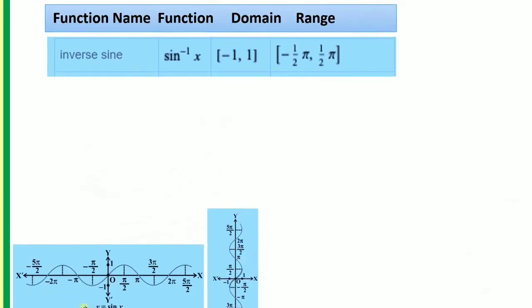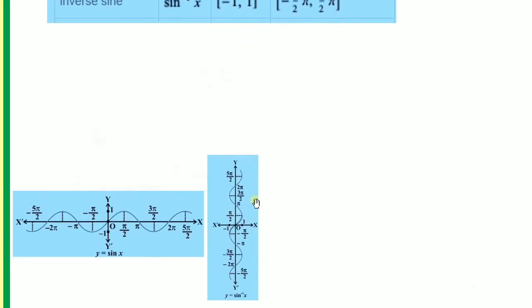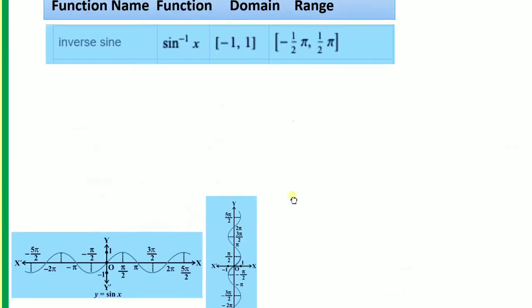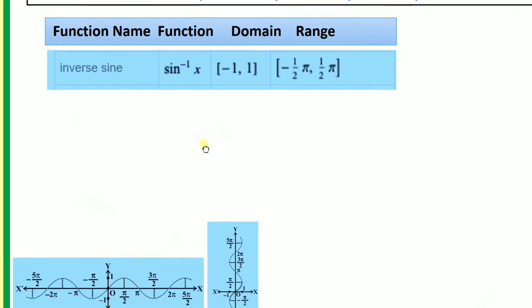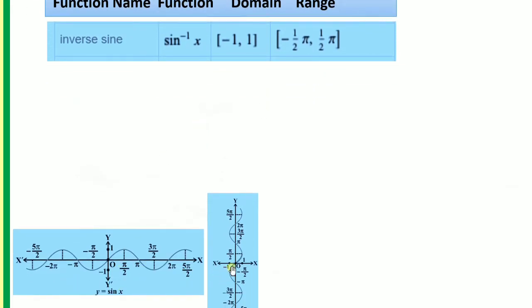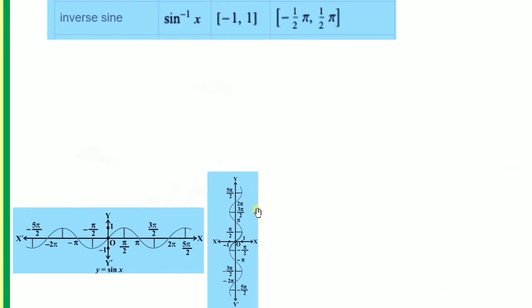As I told you, the range of this function is -1 to 1, but here the domain of the inverse function is -1 to +1, and the range of this function is -pi/2 to plus pi/2. So this is the basic difference between general trigonometric functions and inverse trigonometric functions: the domain becomes range and the range becomes domain.